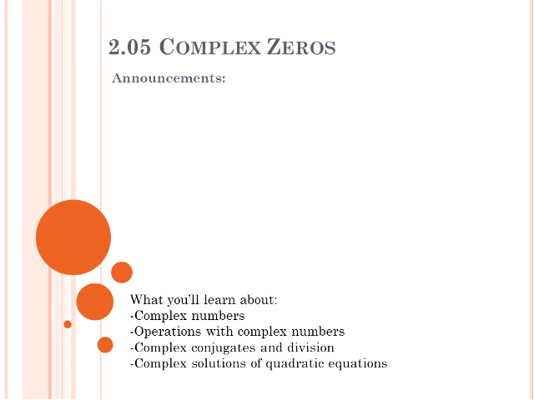Anything you want me to go over from the homework assignments that you're super stumped on? Anything from 2.03 or 2.04 that you want me to address before we look at 2.05 today? Okay, I see Rebecca is typing, so I'll let her finish that.